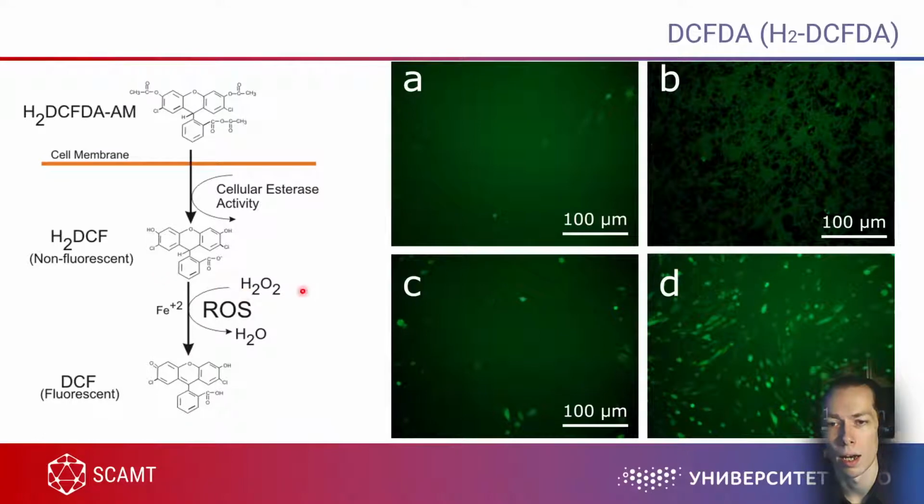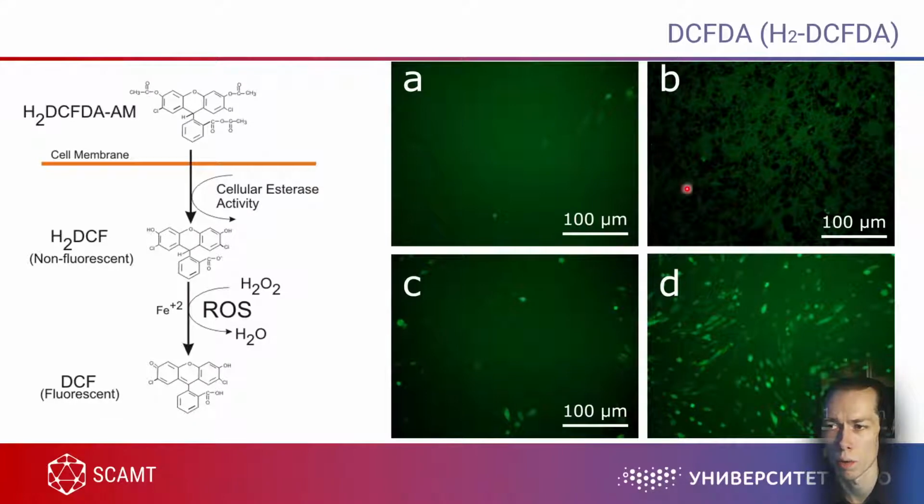But if we have, for example, reactive oxygen species, and also, for example, some ferrocyanins, these reactive oxygen species can cut these two hydrogen atoms, like this one, and this molecule becomes fluorescent.